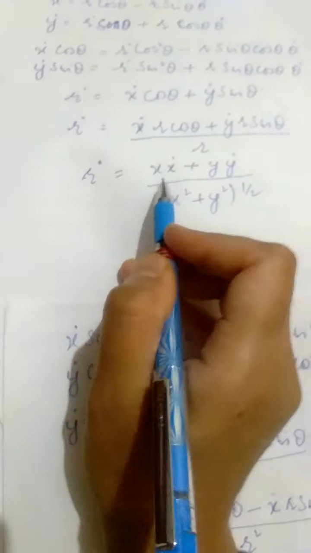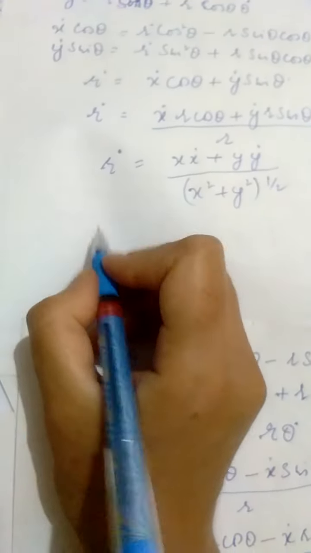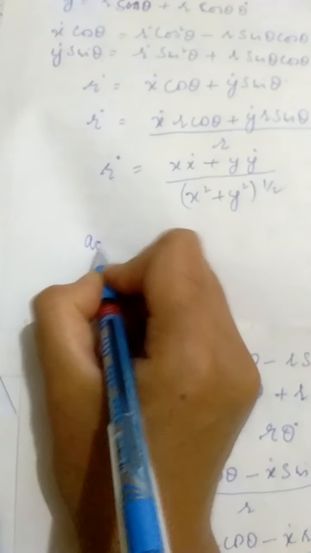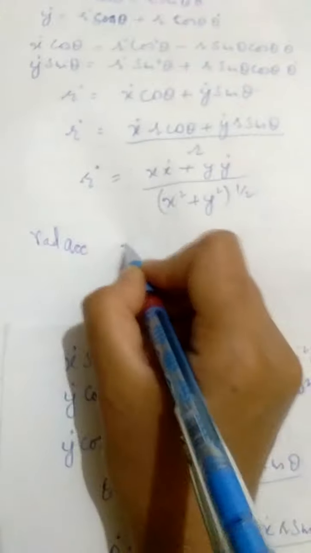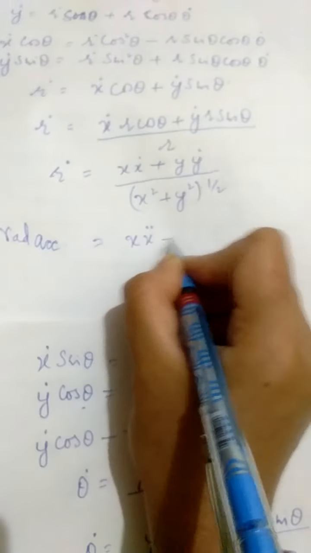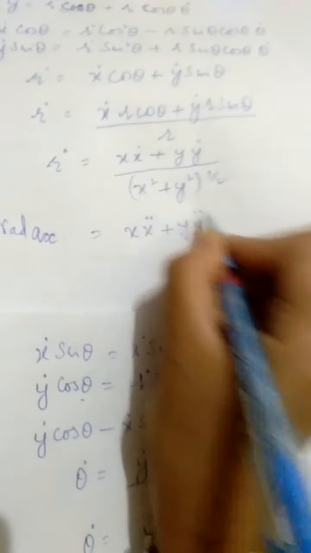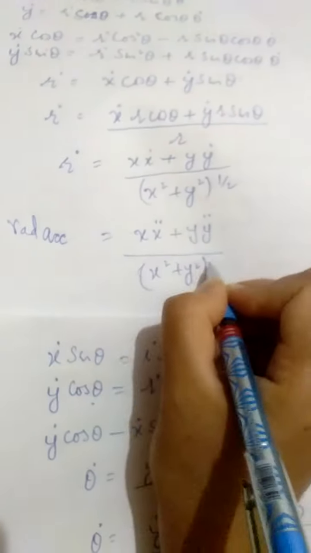See, for the radial component of velocity, you obtain this kind of an expression. Now for the radial component of acceleration, you will obtain a similar expression, but this time it will be x double dot plus y double dot divided by x square plus y square raised power 1 by 2.